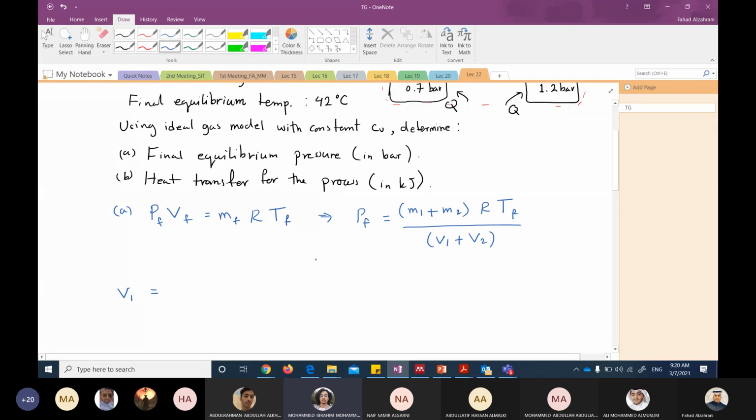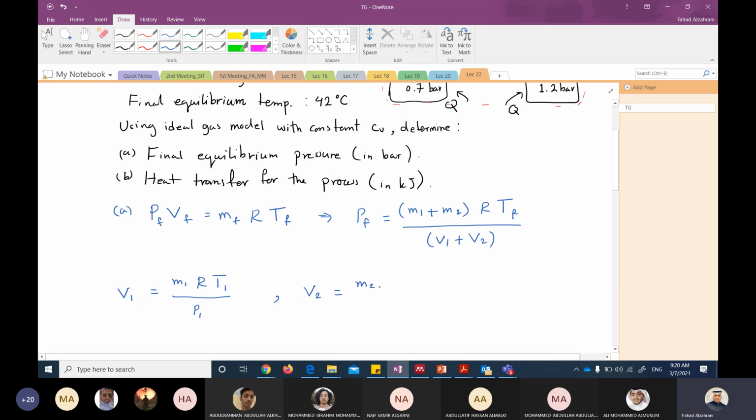Yes, you can find it. Apply the equation in each tank individually. Exactly. I can apply the ideal gas equation for each tank in the initial state. So this becomes M1 R T1 over P1. The same thing applies for tank 2.